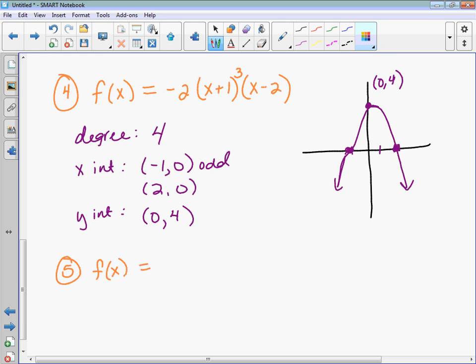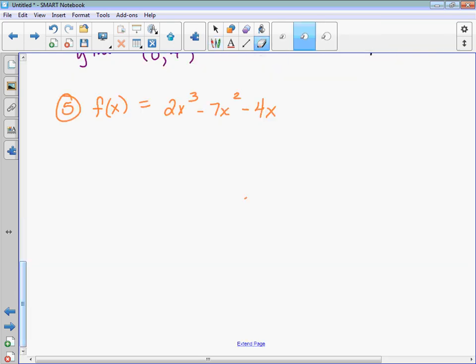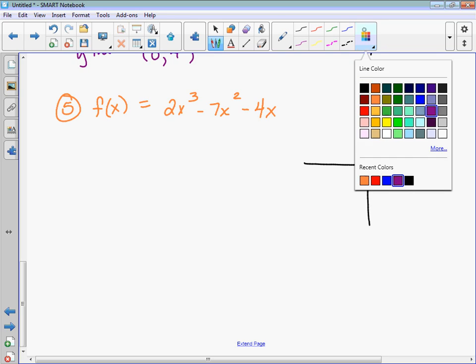It's actually easier to see the degree and the y-intercept when it's not factored, but harder to see the x-intercepts. Okay, so you just have a little bit of work to do. 2x cubed minus 7x squared minus 4x. So same thing.